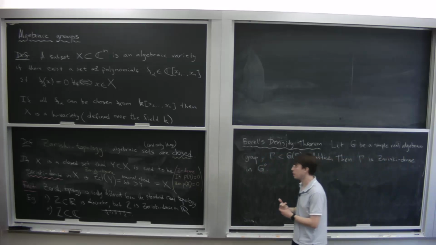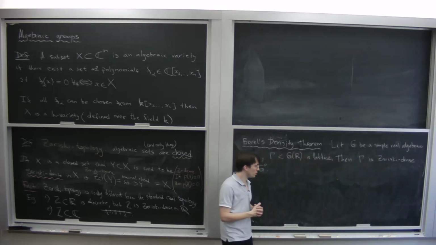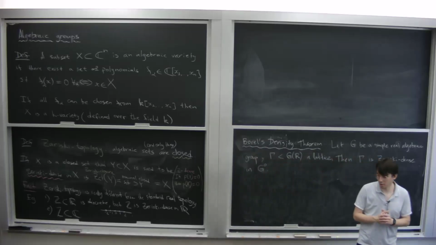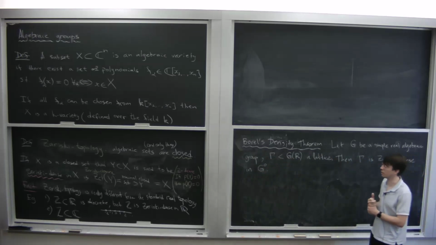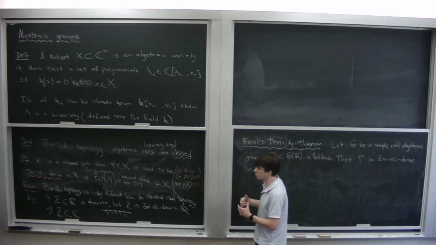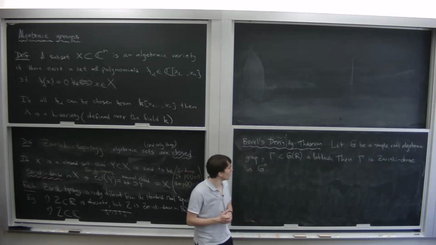In particular, Zariski density can be viewed as something like gamma does not leave invariant any proper plane in the symmetric space X. This is a consequence of being Zariski dense.